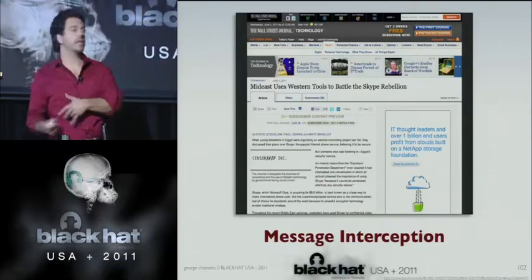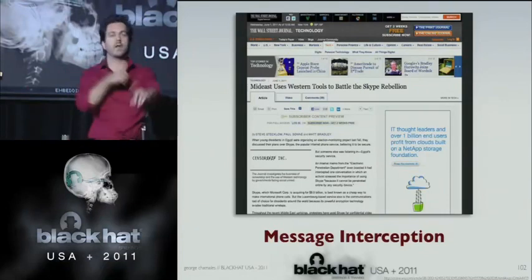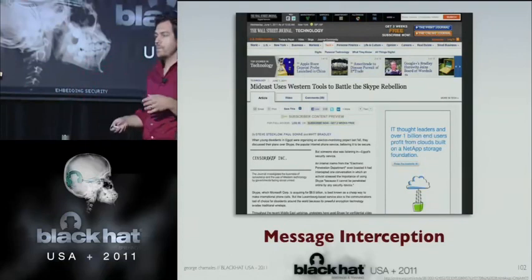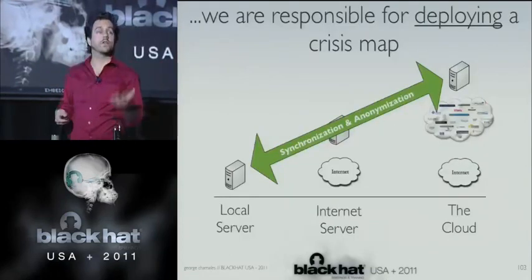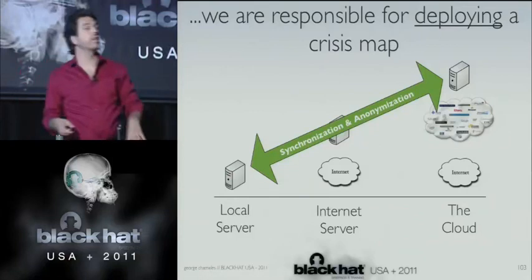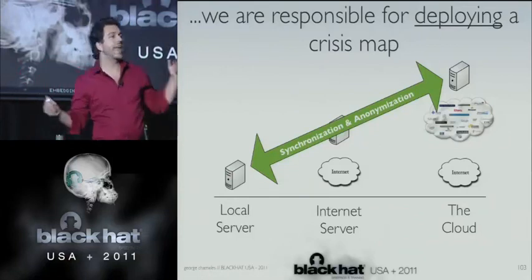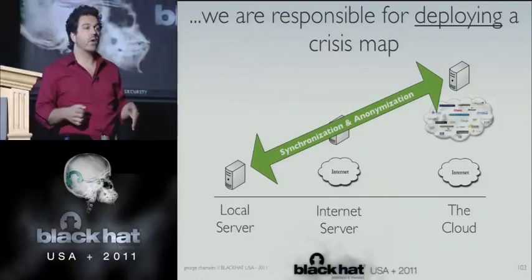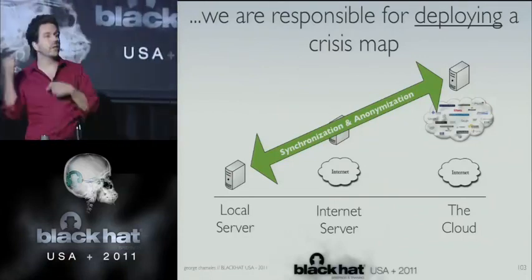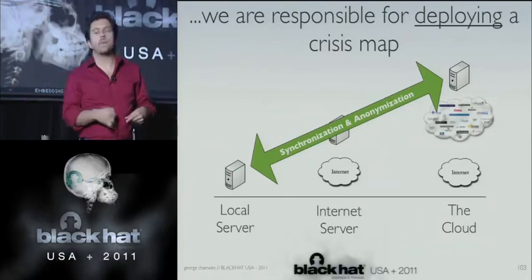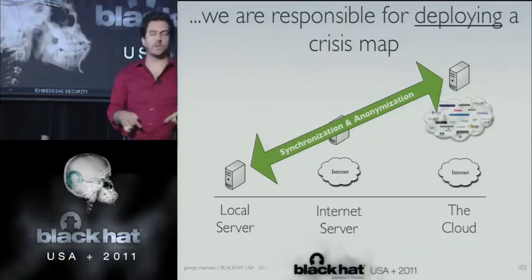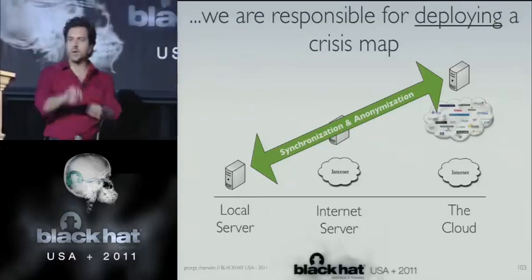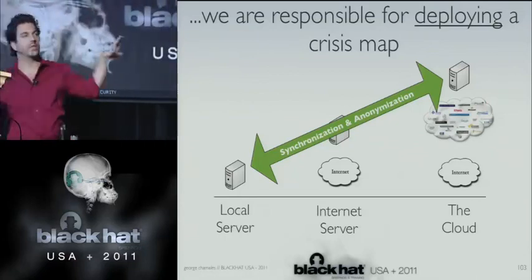Everyone meets in Skype chats, everyone communicates back and forth in Skype, and they do voice chats. It's what we were talking to people in Egypt with. The main approach that we're working on for dealing with that is, like you said, deploying across all of them, so that we can do synchronization and anonymization. In a situation where we're concerned about someone kicking down a door and stealing a server, we can store sensitive information up in the cloud and then push it back down to the local group, similar to what we were doing in Libya, where we separated the information between two servers.